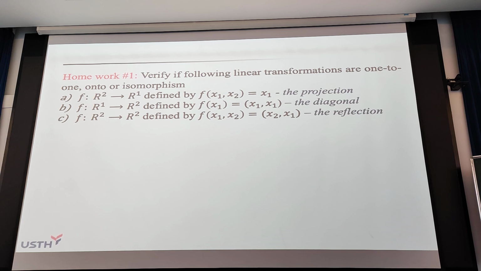Phép lấy đối xứng qua đường chéo. So you are required to verify which one is one-to-one, which one is onto, and which one is one-to-one and onto at the same time. That is, which one is isomorphism. That is your homework.